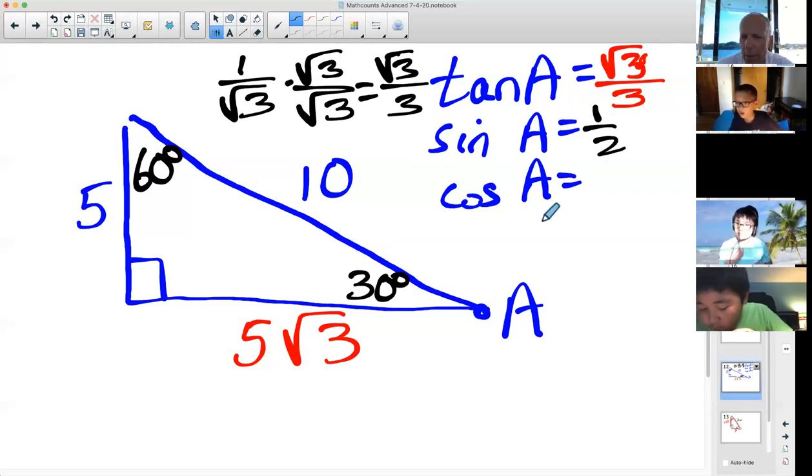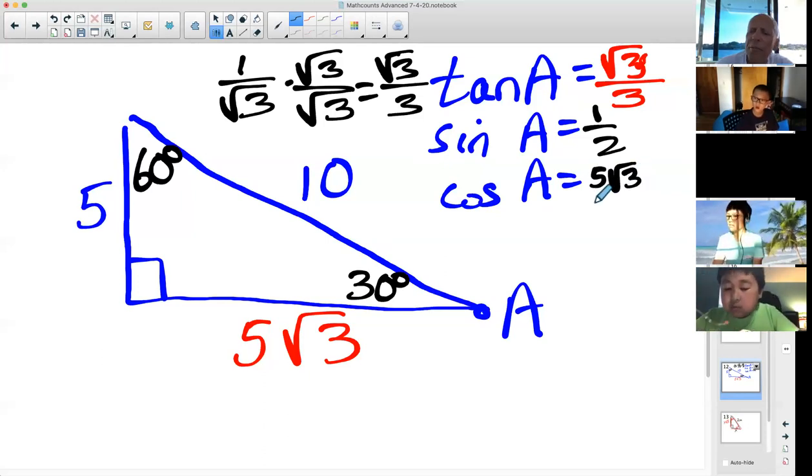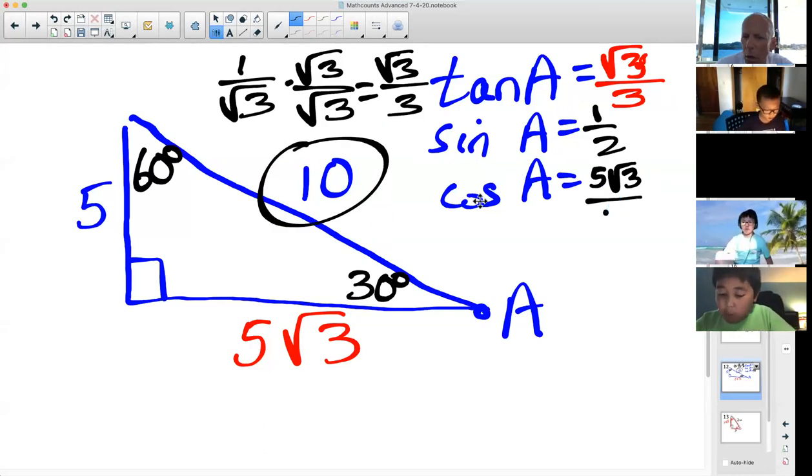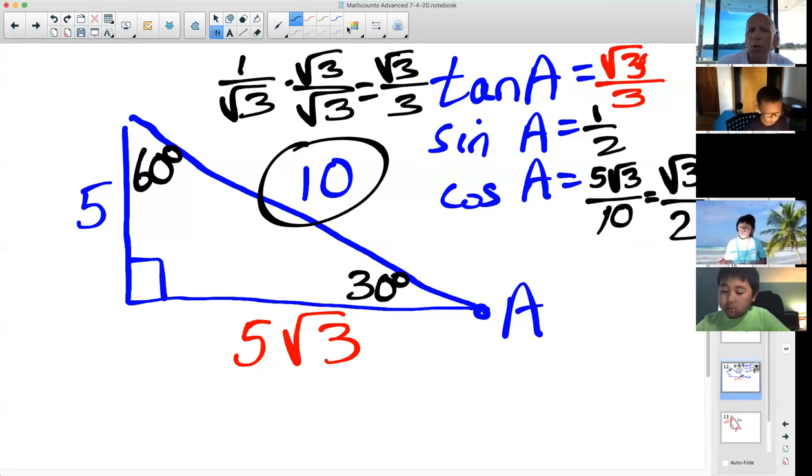All right, so we know that is 5 root 3 over what? Over 10. And then we can simplify that as what? Root 3. Do you understand, Audrey, that 5 over 10 is 1 over 2?